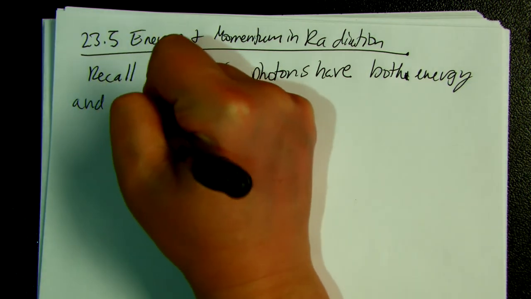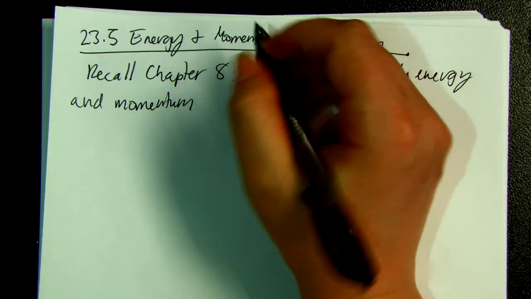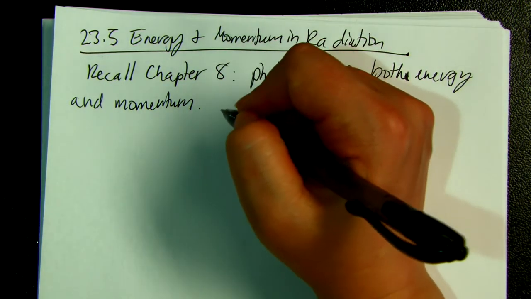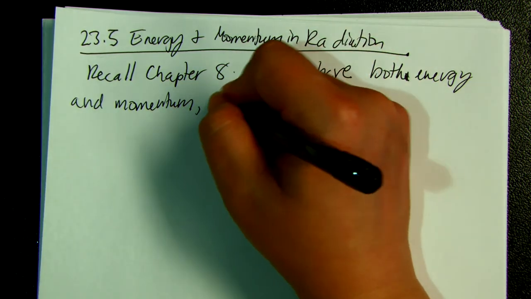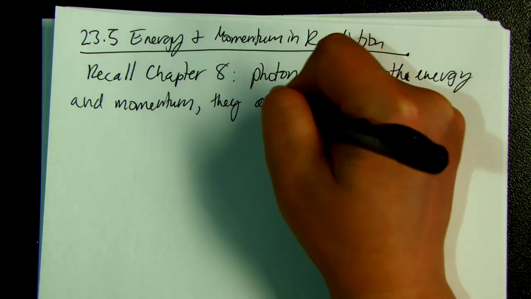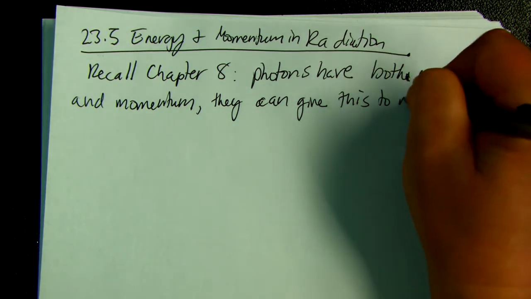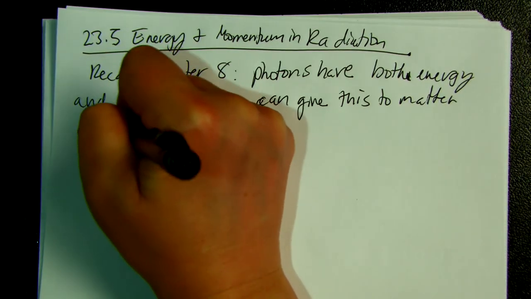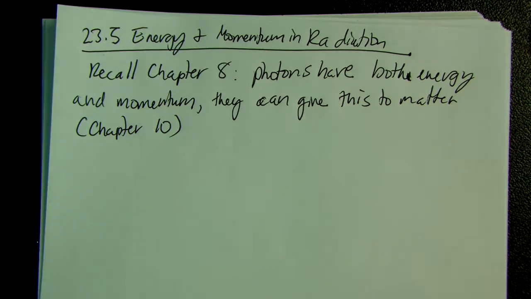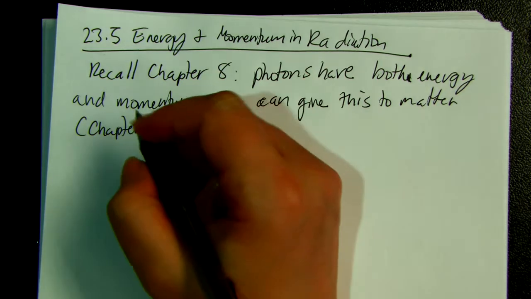And then we saw this again in chapter 10 when we did collisions. And we saw how photons can play a role in particle physics. And they can give this to matter. So actually, to be honest, I think chapter 10 does a better job of really explaining how photons interact with matter. But we introduced the idea in chapter 8.